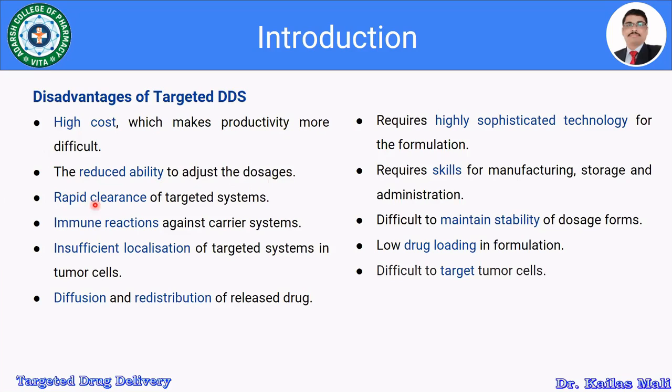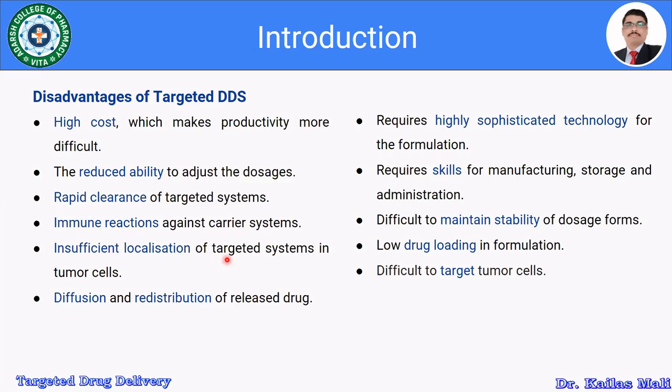There is a rapid clearance of the targeted system. Then there might be chances of immunoreactions against the carrier system. Here we are using certain carriers, and there might be chances of immunoreactions against these carriers, and these carriers get easily cleared from the body.